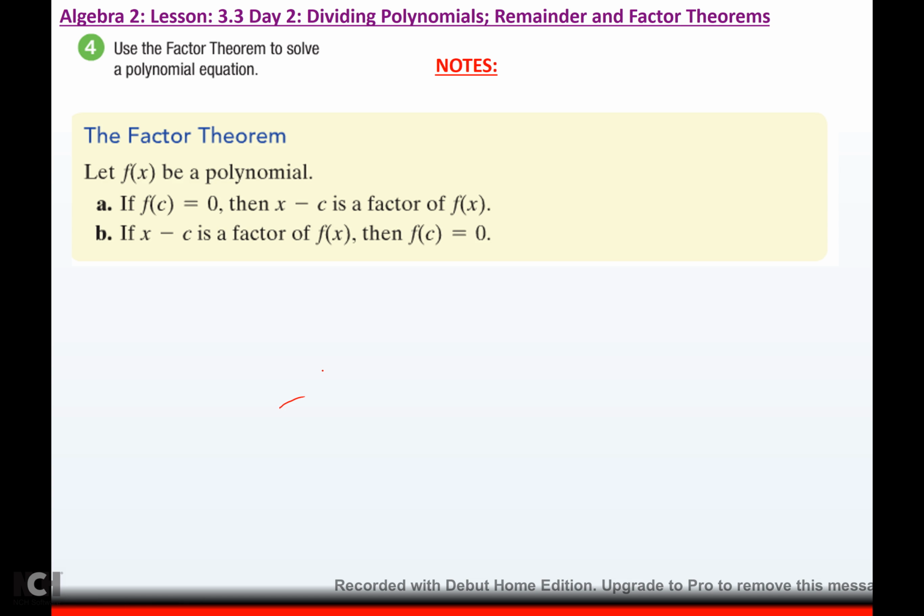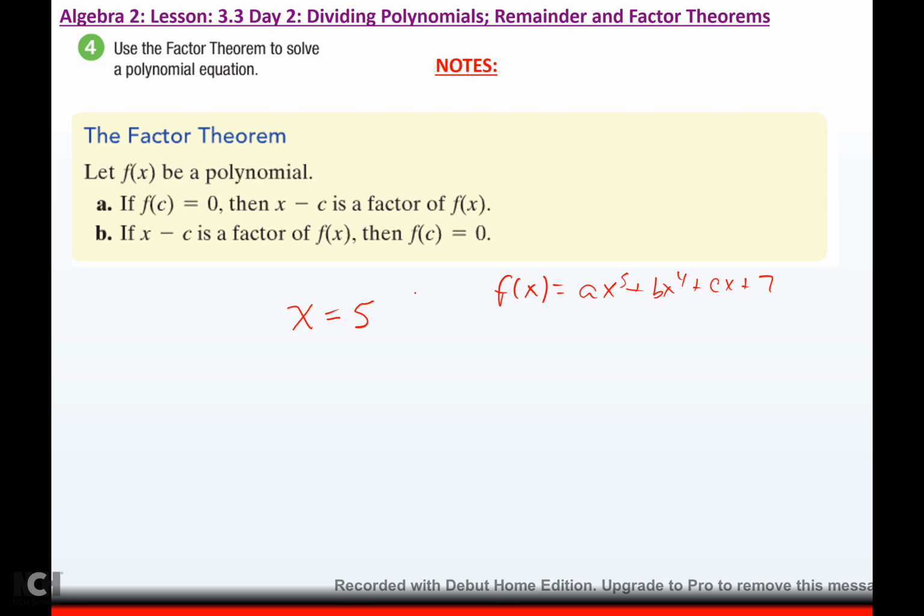What that means is, let's say I said that x equals 5. Then whatever the function is, some ax to the 5th plus bx to the 4th plus cx plus, I don't know, 7, whatever.